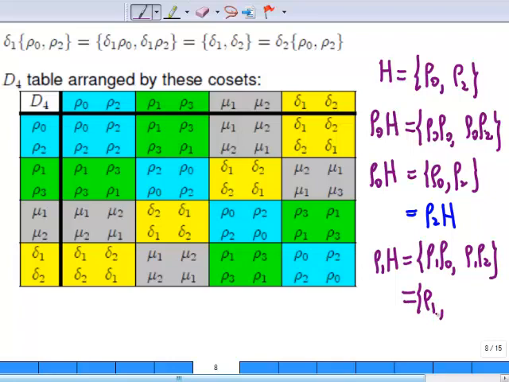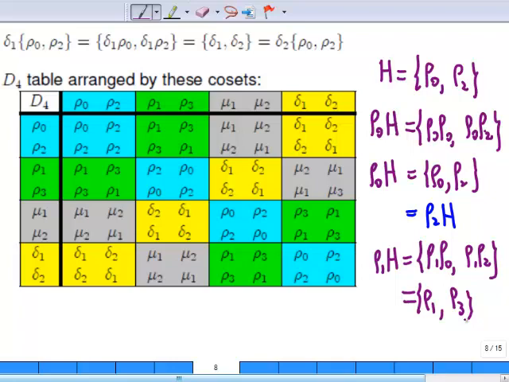Now if you rotate 180 degrees, followed by rotate 90 degrees, altogether you rotate 270 degrees, which is rho 3. Rho 3 is rotate 270 degrees.